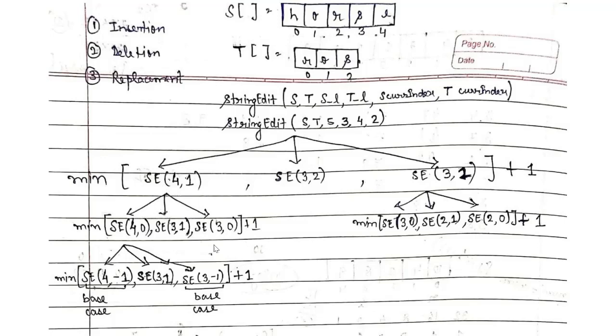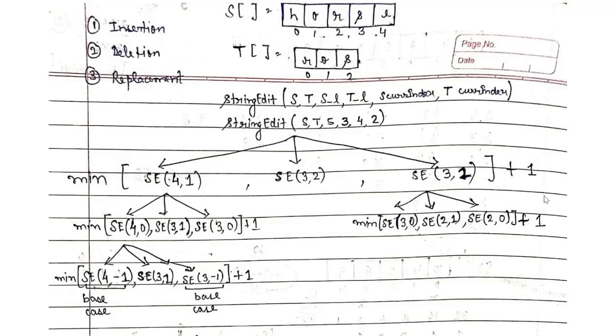Each and every path in my recursive tree would be giving me an answer, that okay, I need three operations, or say 3 deletions, or 3 replacements, or 2 insertions, 1 deletion, 2 replacements, 1 insertion. Each and every path in my recursive tree will be equivalent to one of the combinations of these 3 things. Hence I will be taking the minimum of those, and I would be adding 1 to it.